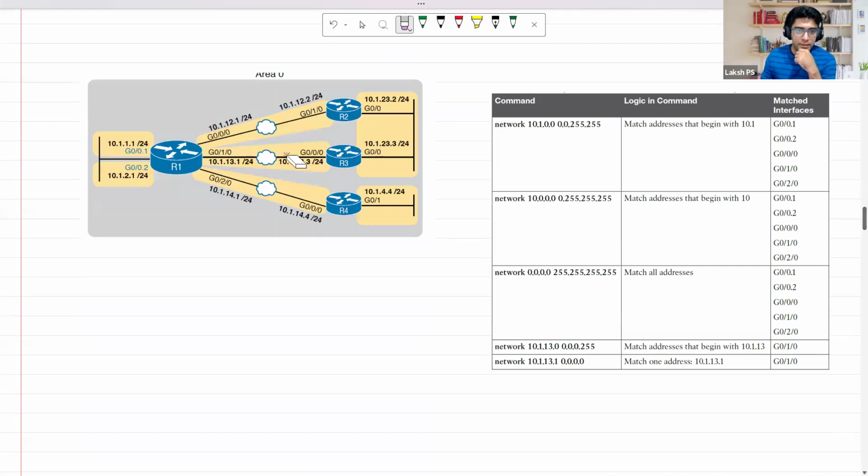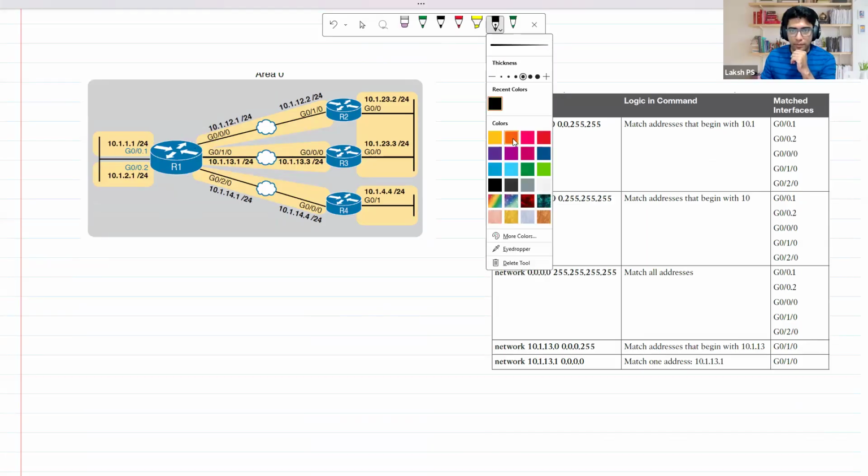So we will be using this diagram and the network commands that we see here, and we are talking from the perspective of R1.